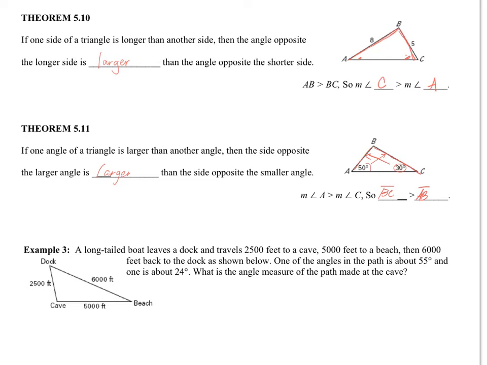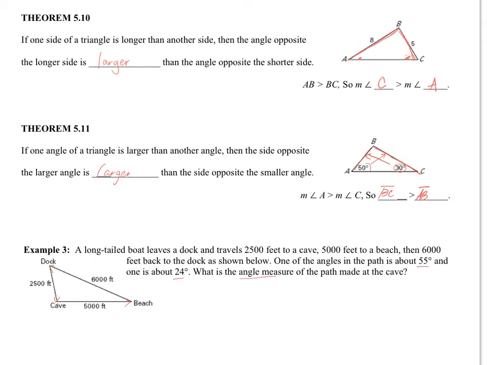Example 3. A long-tailed boat leaves a dock and travels 2,500 feet to a cave, and then 5,000 feet to a beach, and then 6,000 feet back to the dock, as shown below. One of the angles in the path is about 55 degrees and the other is 24 degrees.